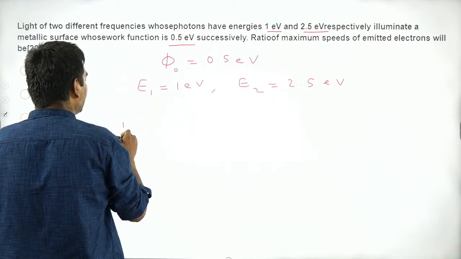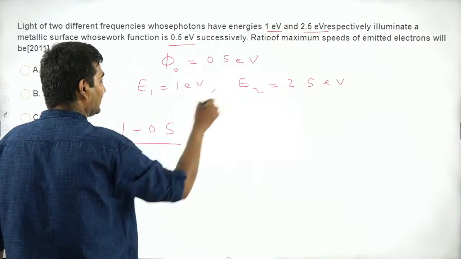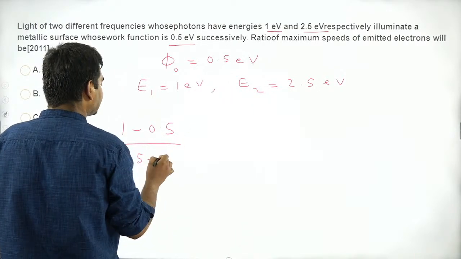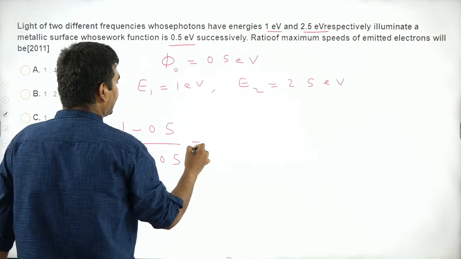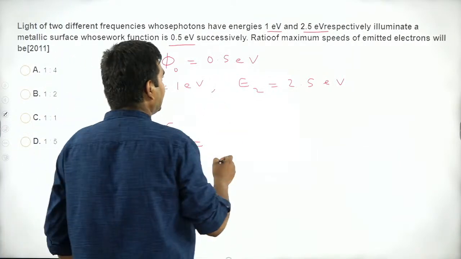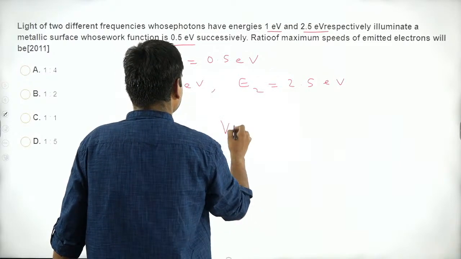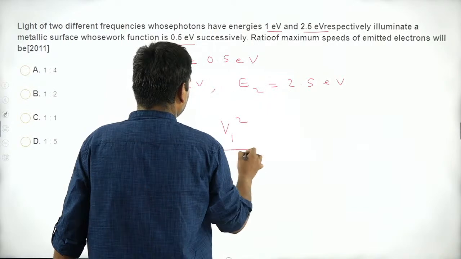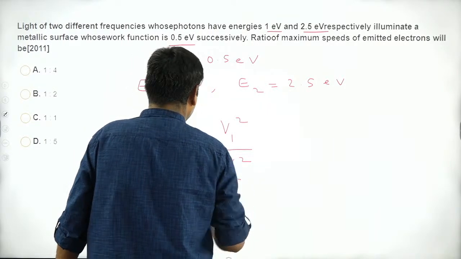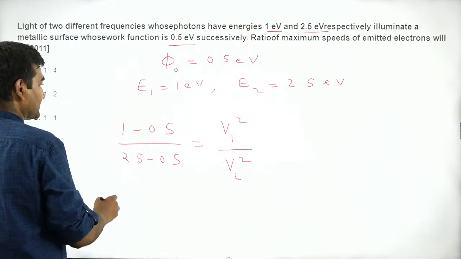So it will be like 1 minus 0.5 divided by 2.5 minus 0.5 will be equal to half m will get cancelled. So I am directly writing the V max square ratios. Okay, so this is your V1 square, let's say V1 max, and this is your V2 square, and just now take out the ratio that how much it is coming.